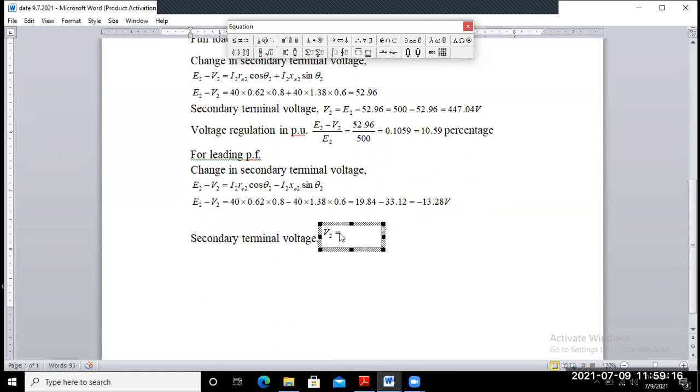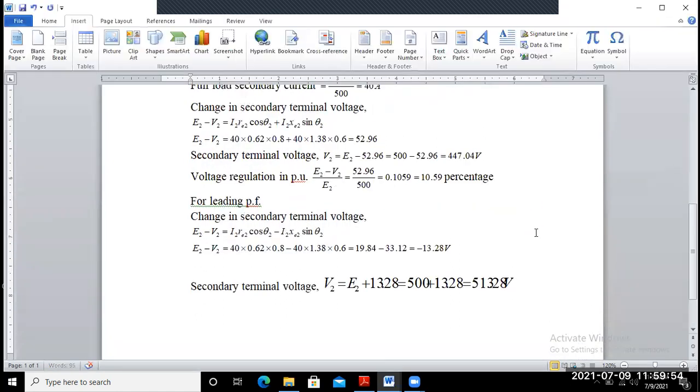Let's put the value of E2 equal to 500 plus 13.28, which is equal to 513.28 volt.